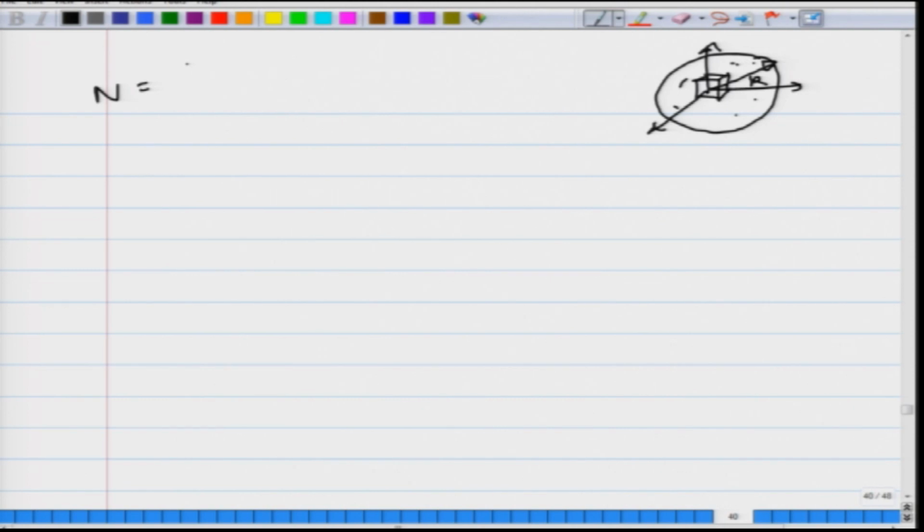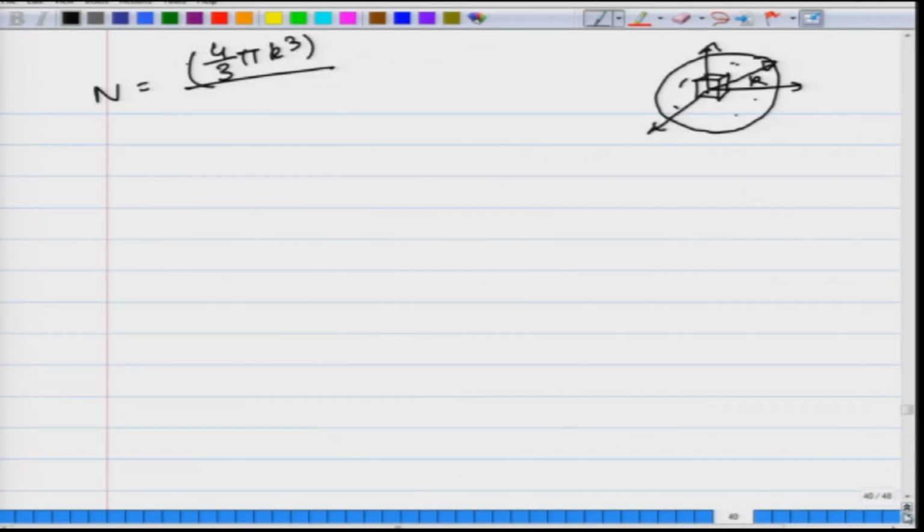That will obviously be the number of states. The volume of the sphere is 4/3 pi k cube, and one smallest cube is given by 2 pi cube by V, as we got from the previous formula.